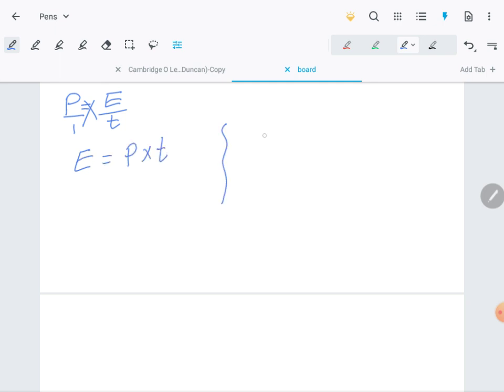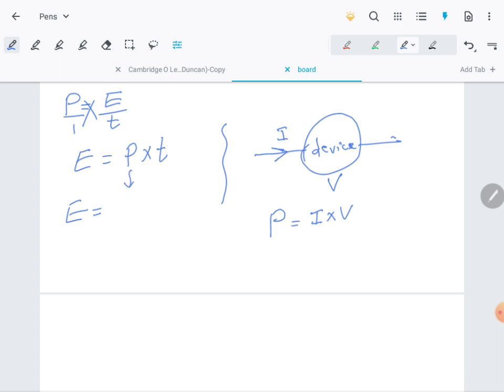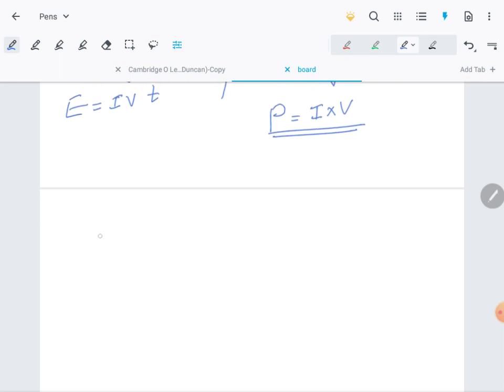But we know that for any device or resistor, we have current I and we have voltage. The power is given by I multiplied by V, which is the voltage. Now we can use E equals power times time, which is IVT.